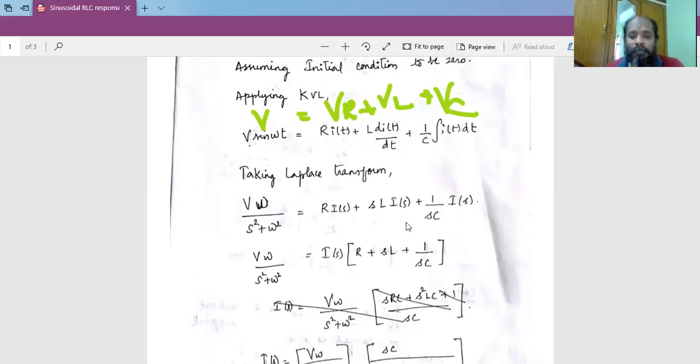Now take the LCM. You will get S into RC plus S squared into LC plus 1, the whole divided by S into C.